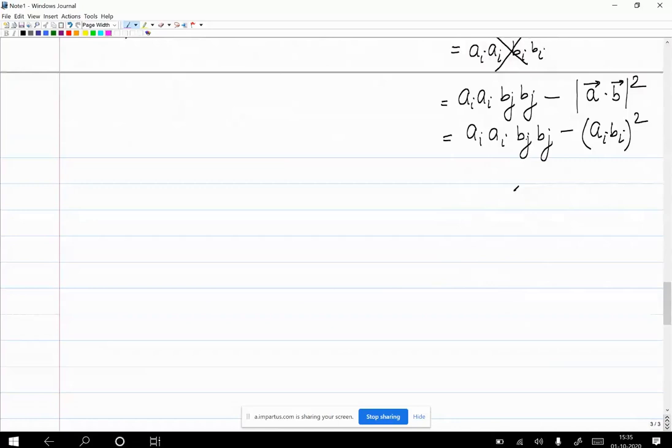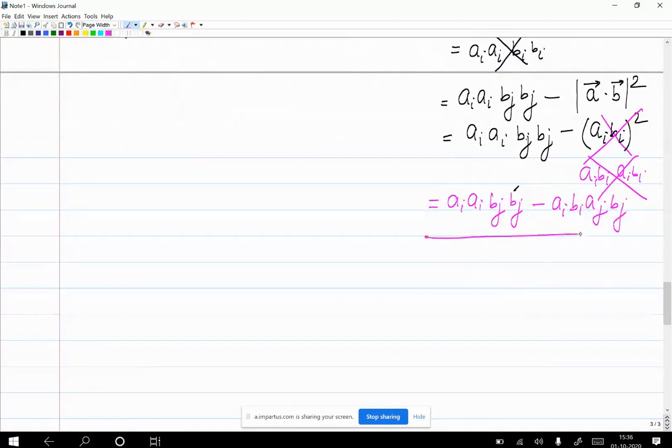Anyway, we should not write this also, just like we can't write A_i square. Can I write this as A_i B_i into A_i B_i? No, just as earlier. So what we can do is, this is A_i A_i B_j B_j minus A_i B_i into A_j B_j. Correct? So that's the proper index notation.